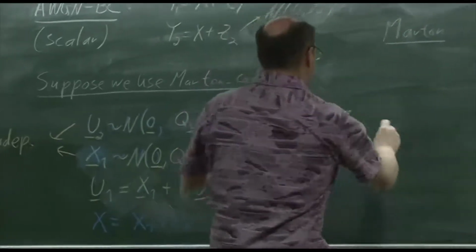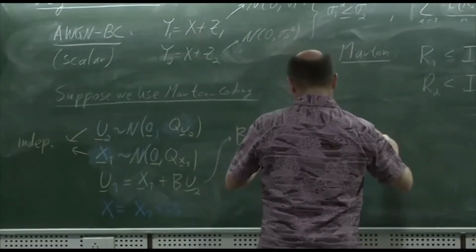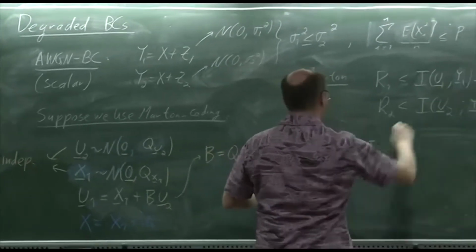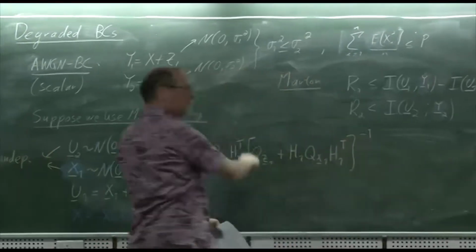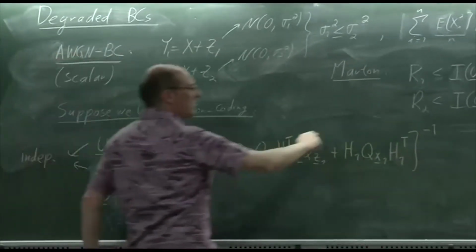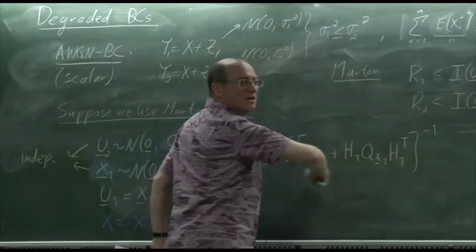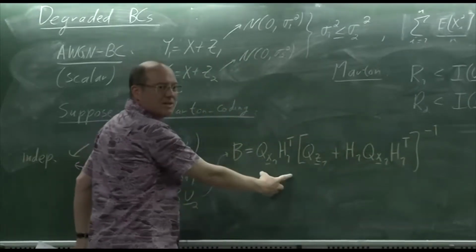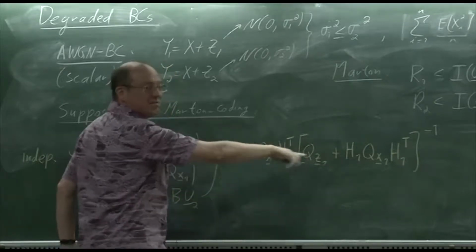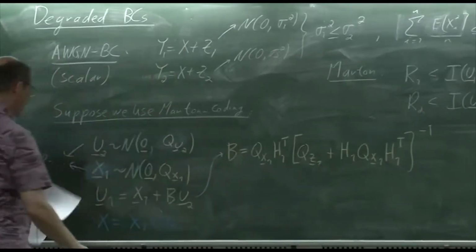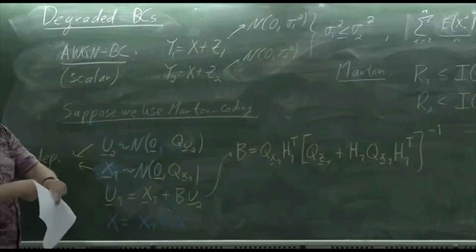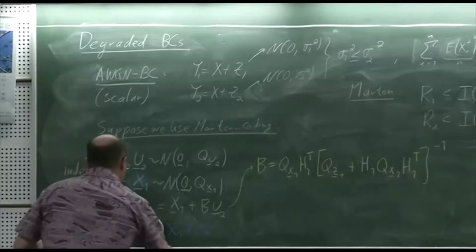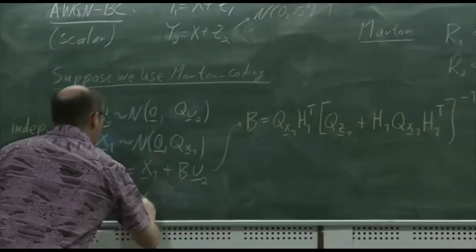Then we get plus h1 qx1 h1t, that's that, to the power minus 1. Okay, so you see it has this kind of MMSE shape. Here's the covariance matrix of some channel output, and this is the expectation of something and something that we're using to estimate. So this is an MMSE matrix here, and that MMSE matrix ensures us orthogonality principle to get certain independence. And then the final thing is just to choose this as the sum, like I've already shown you.